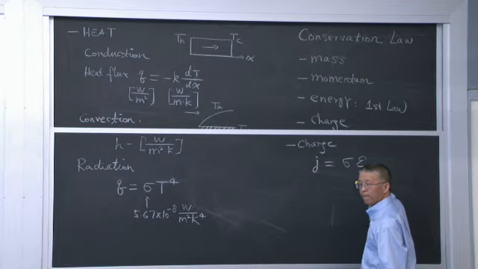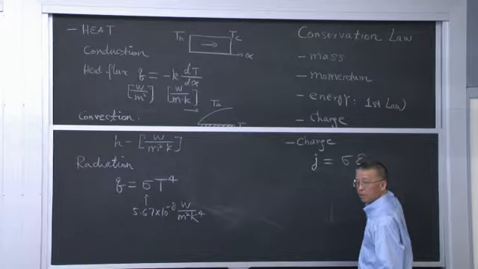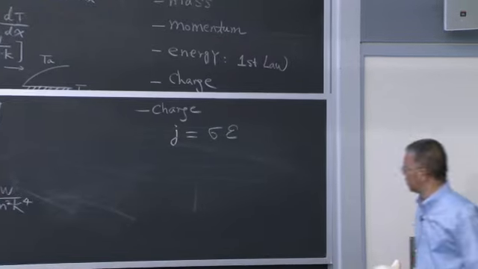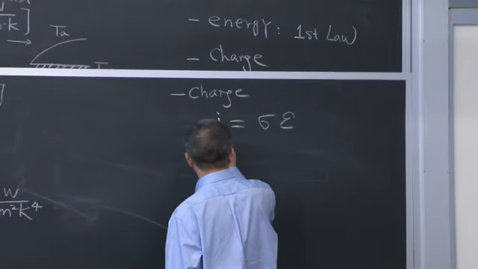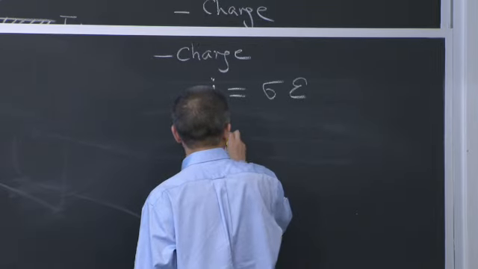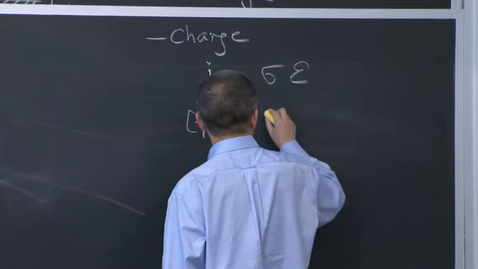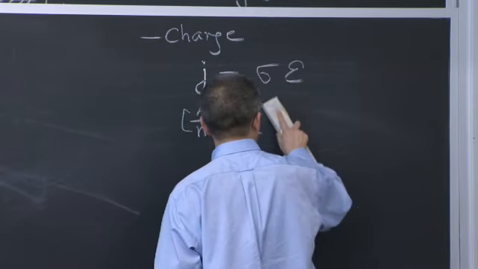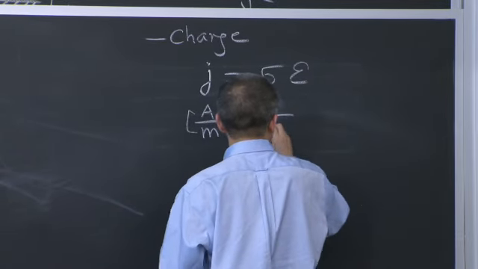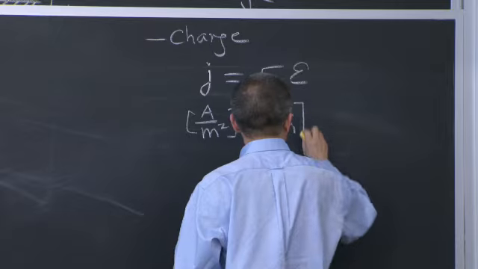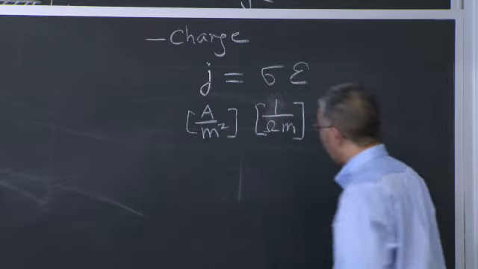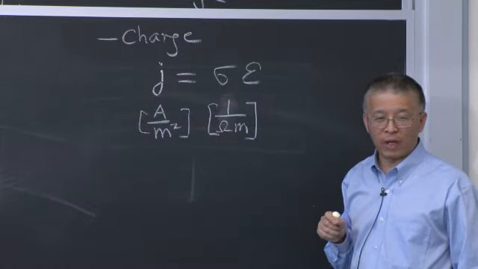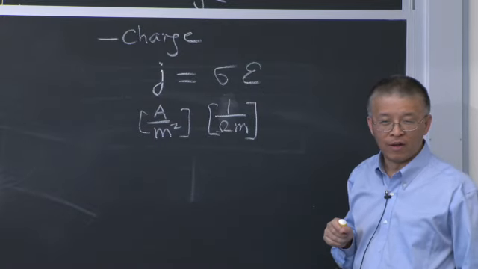Right? Okay? So here I have amp per meter square, and here I have inverse ohm per meter. But it doesn't look like a differential form, so I'm going to write it in differential form.